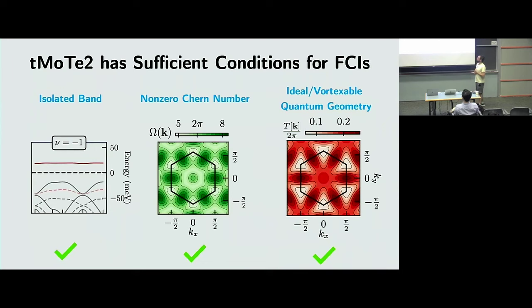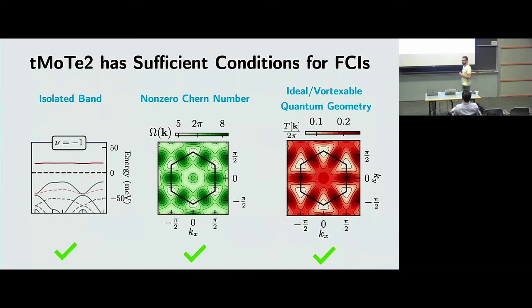It's a Chern band, as you can see from the Berry curvature. And when you compute the trace condition, which will tell you how close you are to being vortexable in this case, you can see that the failure of vortexability, which I'm plotting here, is at most 0.2, which you should compare to 1. And so this is very small. This is very close to the ideal limit.